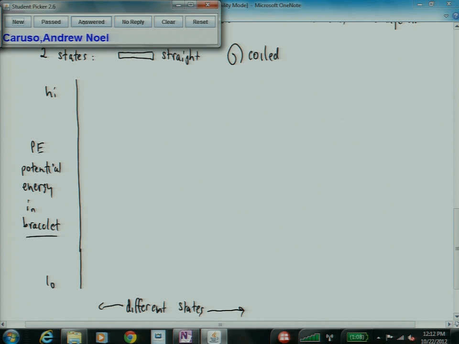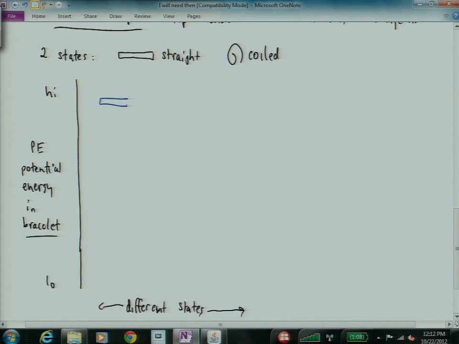So what we've got here, the straight state has the high potential energy, and the coily state has the lower potential energy. Right? And there are several different words to talk about this. This is unstable, relatively speaking, and this is stable.